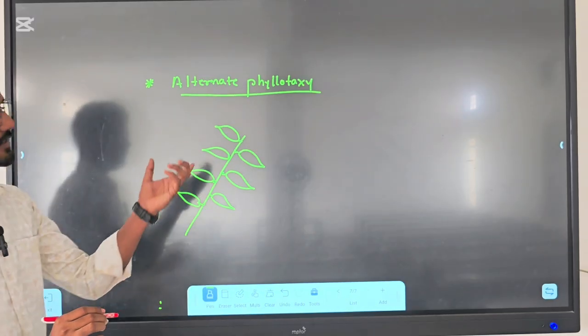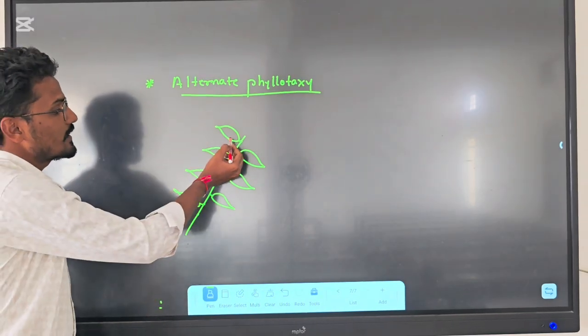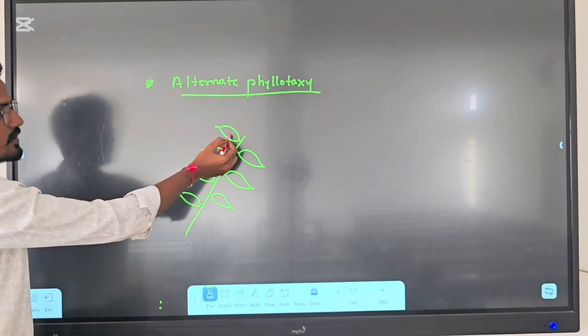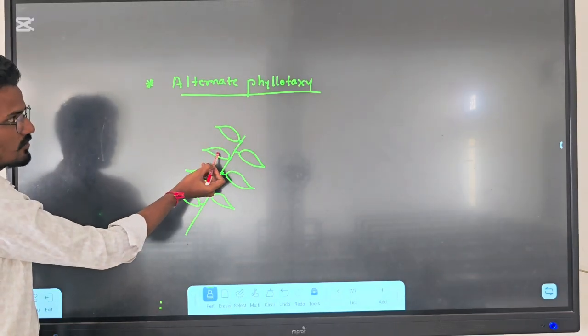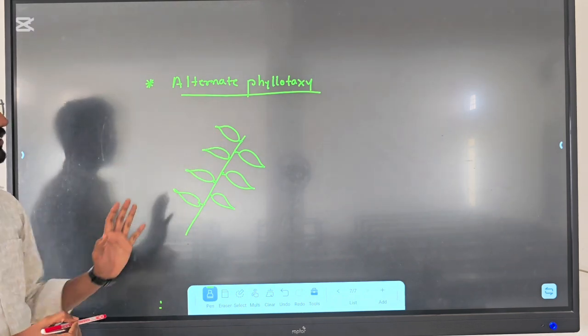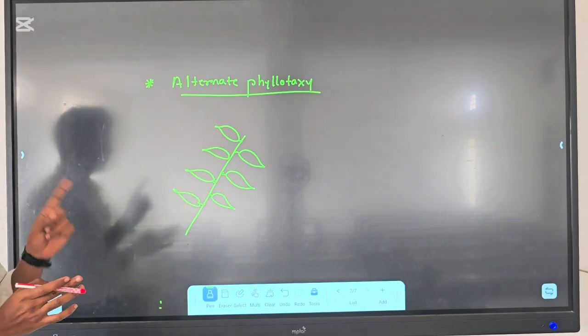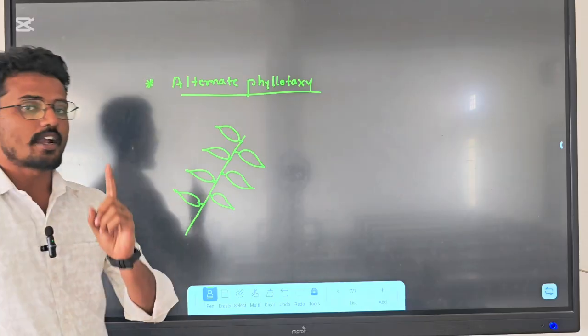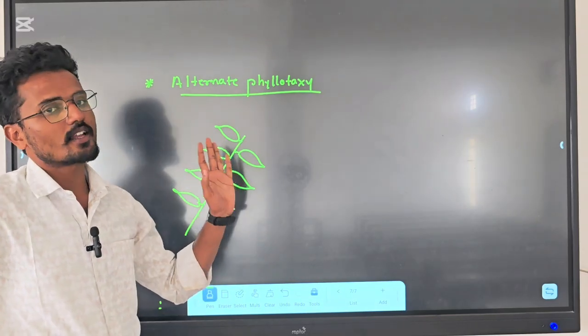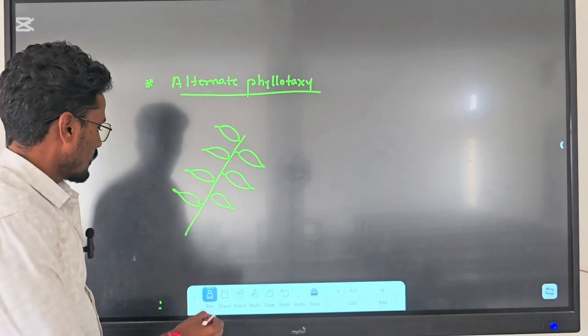Like this, these leaves are alternate to each other. This is alternate to this one. On the branch, the leaves are arranged in an alternate form, and only one leaf arises at one node. That is called the alternate type of phyllotaxy.